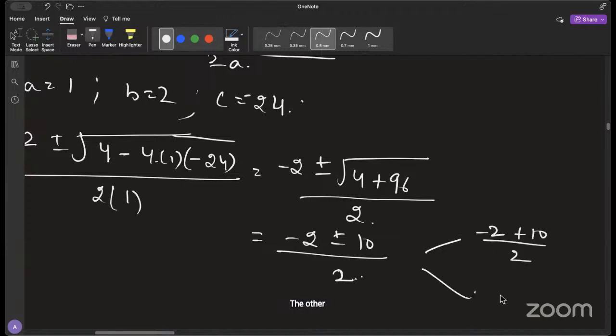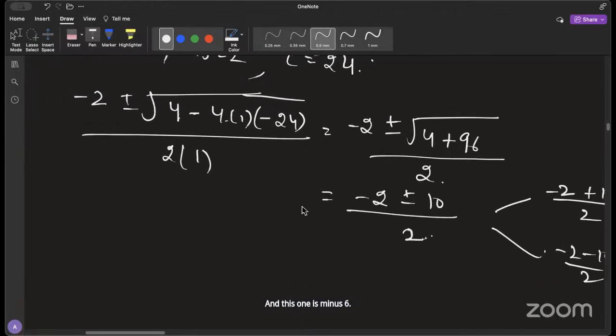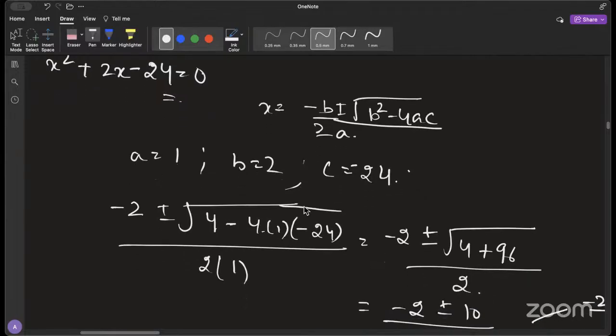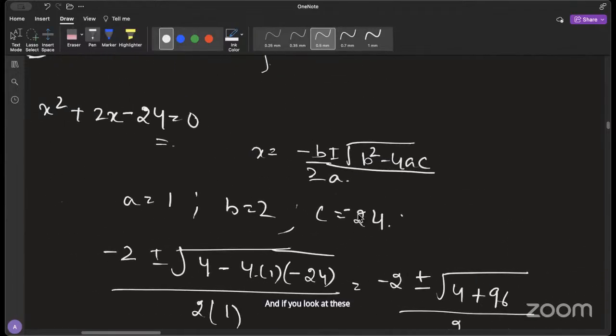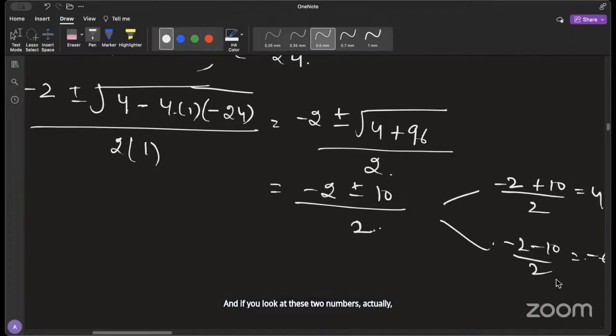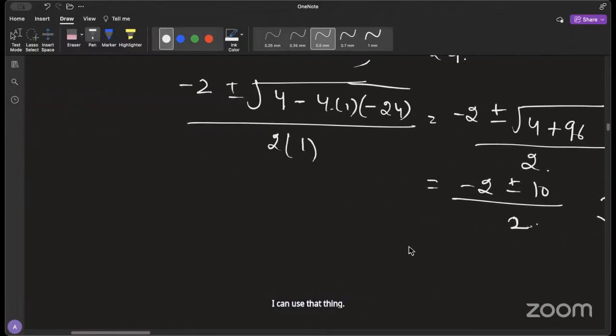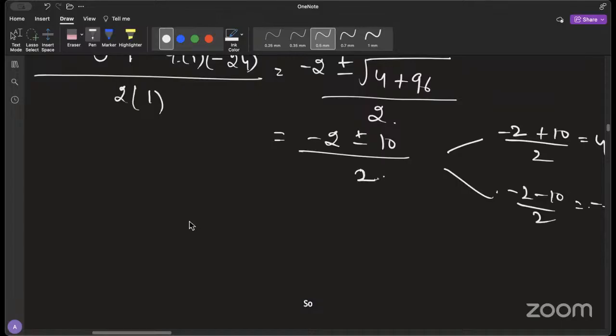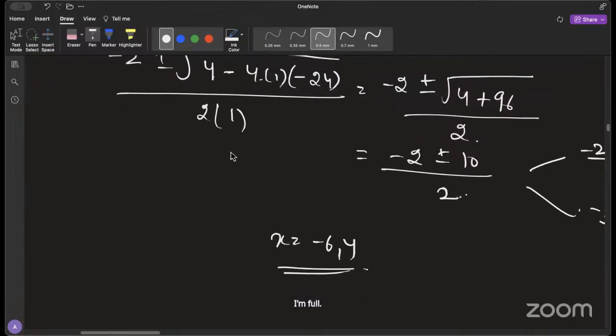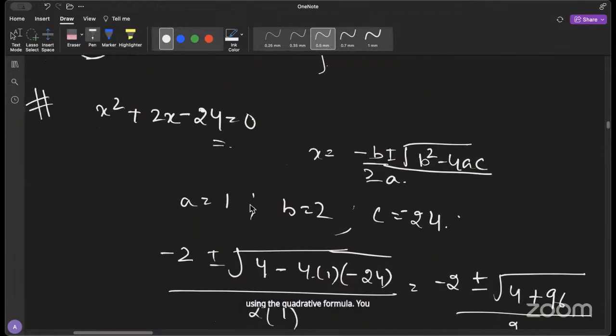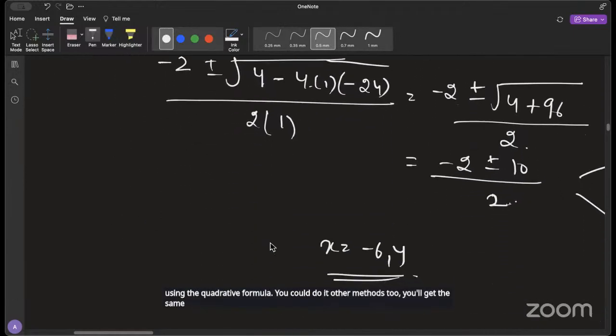The other one is minus 2 minus 10 by 2. So this one is 4 and this one is minus 6. So your roots are x equals minus 6 and 4, using the quadratic formula. You could do it with other methods too. You'll get the same answer, obviously.